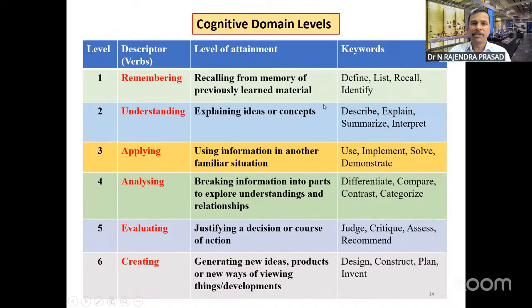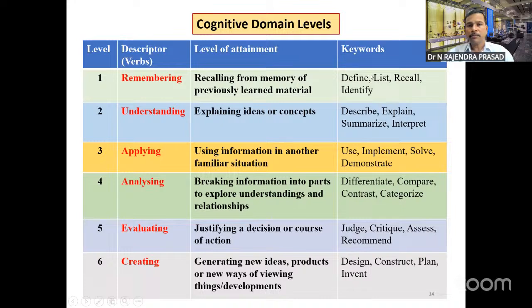Carefully observe this particular table, which reflects the cognitive domain levels with respect to the Bloom's taxonomy level. What are the action verbs we will use in the modified Bloom's taxonomy from remember to create level?